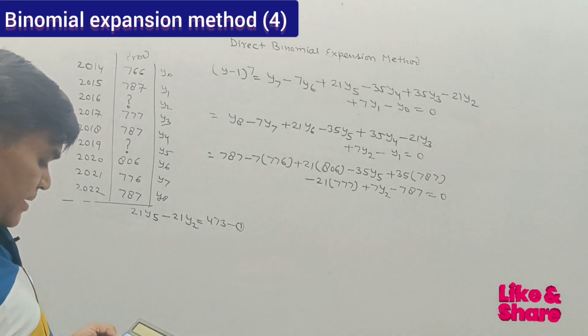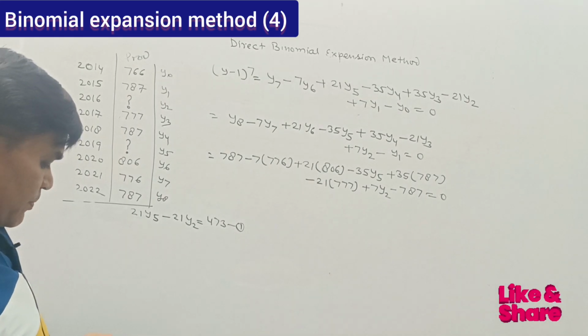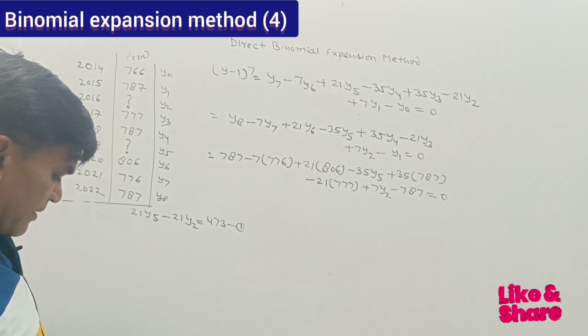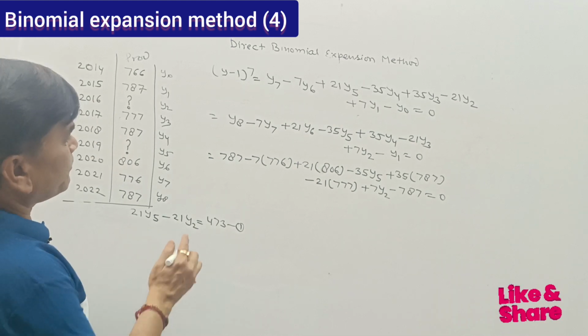Now calculating, 787 is plus value. 7 multiply 776 is minus value, 5432.